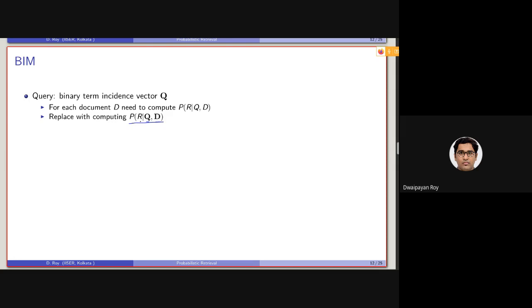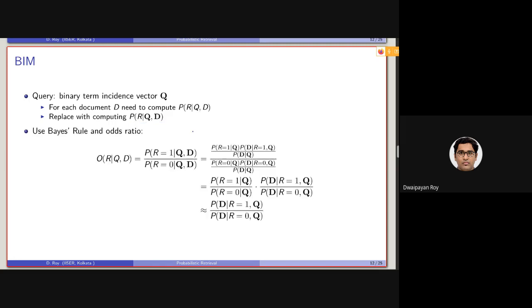The odds ratio of observing relevance given the query and the document will be the probability of observing the relevance given the query and the document divided by 1 minus the same thing, and 1 minus the probability of relevance given the query and the document is essentially the probability of non-relevance given the query and the document.